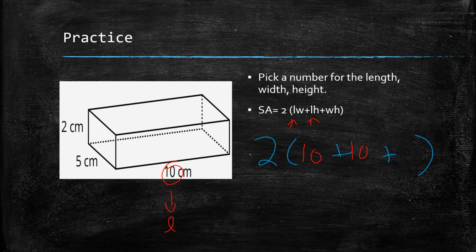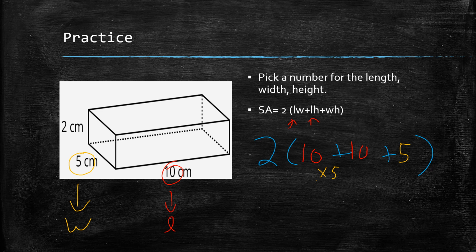So now I need to pick a number for my width. I'm just going to go down the row here. I'm going to use this for my width. So this is length times the width, so I need to put a 5 here. So this is 10 times 5. And then I have a W here at the end, so I'm going to have 5 times the height for that one.